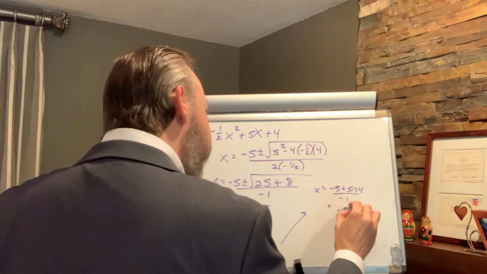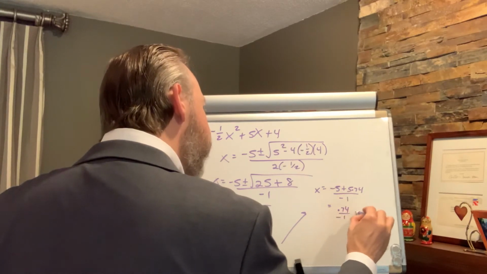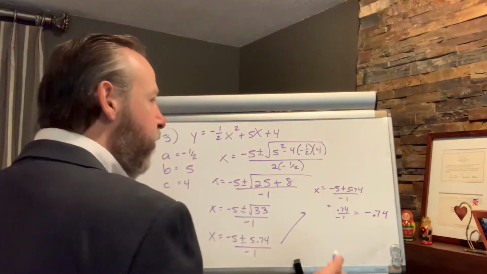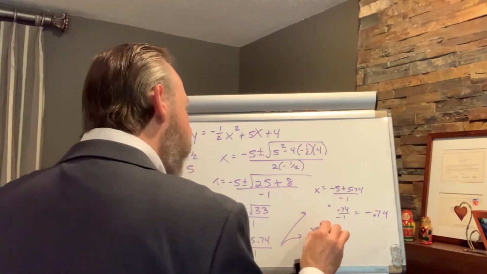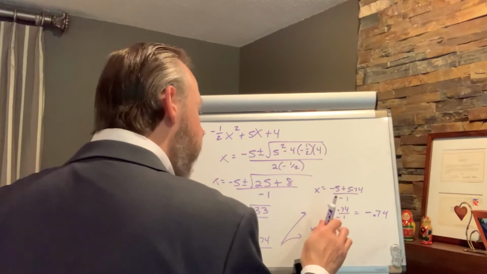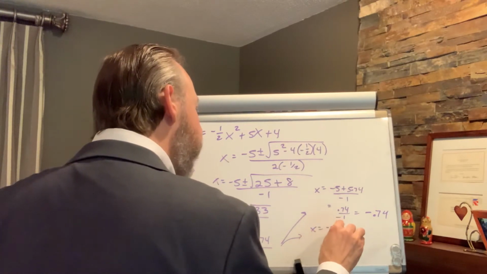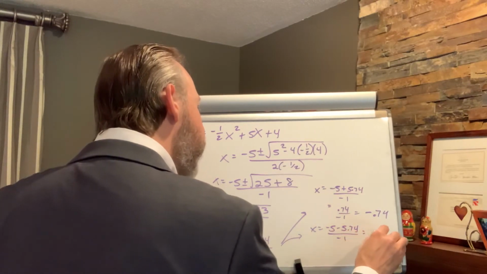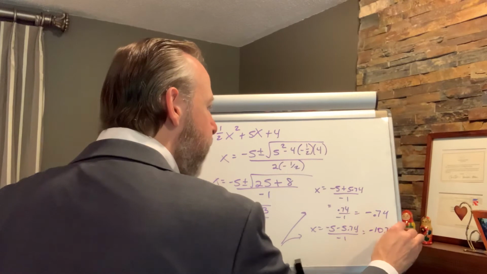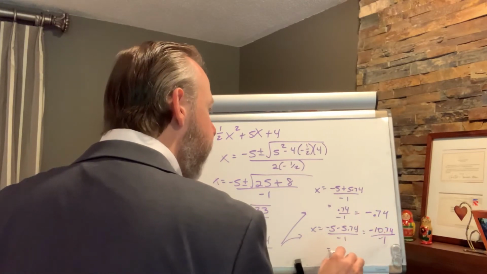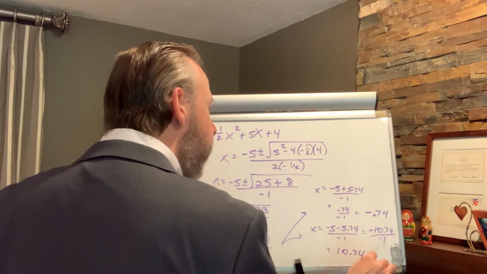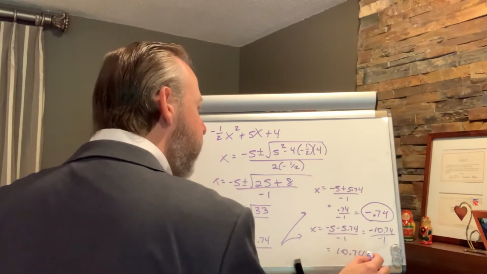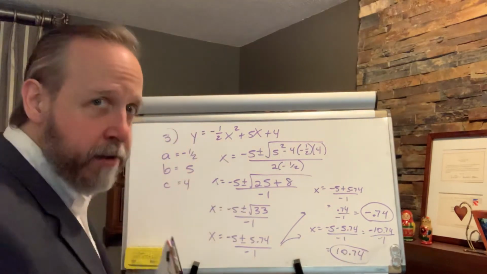That's 0.74 over -1, which is just -0.74. That's one of the answers. Also, x equals -5 minus 5.74 over -1. That's negative 10.74 over negative 1, which is 10.74. So we have two solutions, negative 0.74 and 10.74.